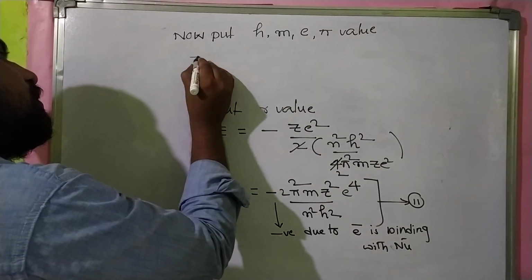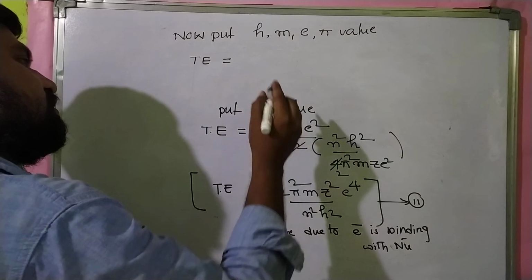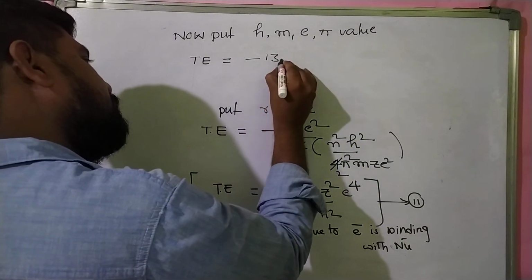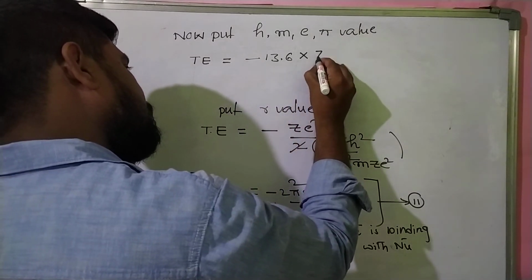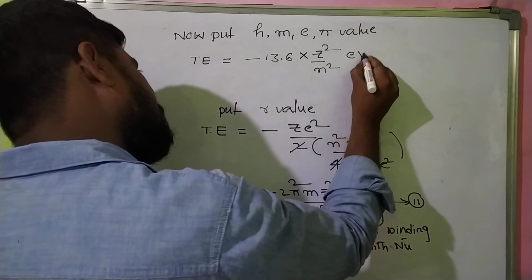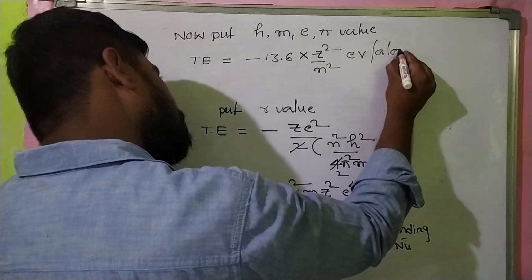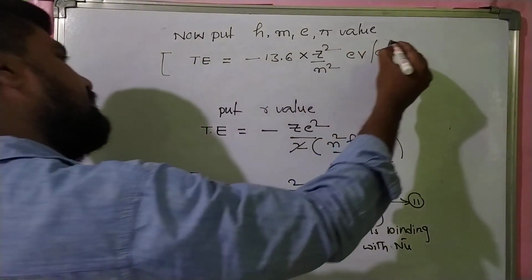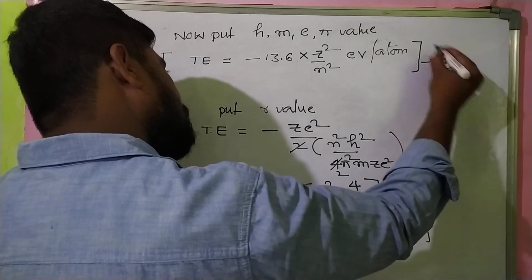Now total energy equals minus 13.6 into Z square by n square electron volts per atom. Very, very, very important, total energy. This is equation number 12.